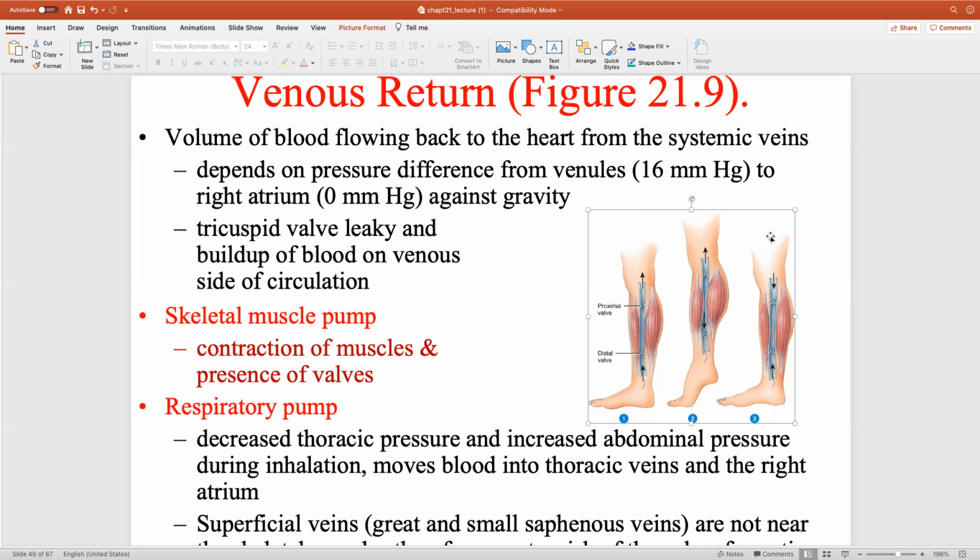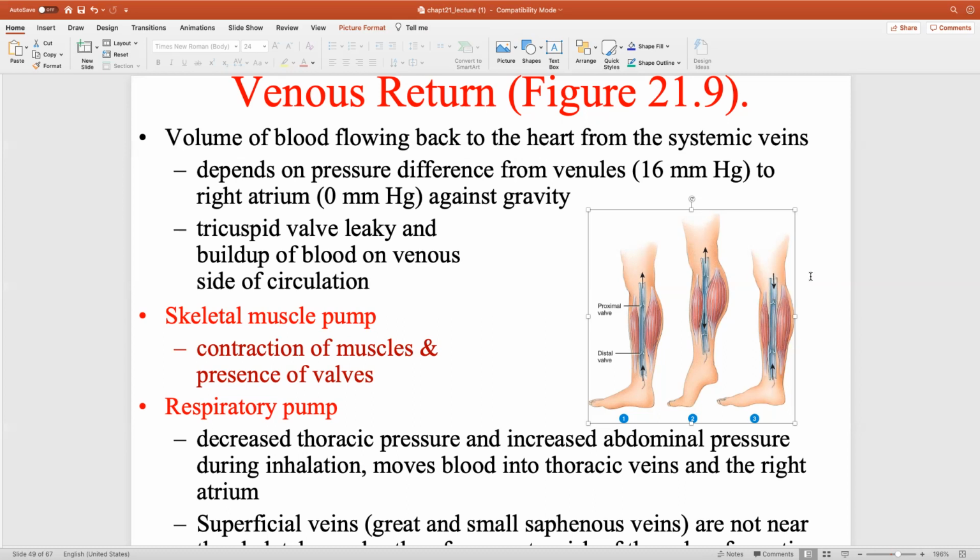So with the skeletal muscle pump, the rhythmic contraction and relaxation allows blood to be pushed upwards. As it's pushed upwards with contraction, with the relaxation that occurs next, blood moves back down because of gravity, but it closes that valve. As it closes the valve, I've moved up one segment.